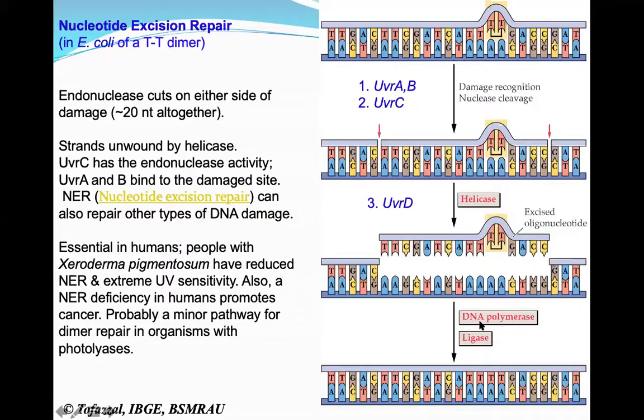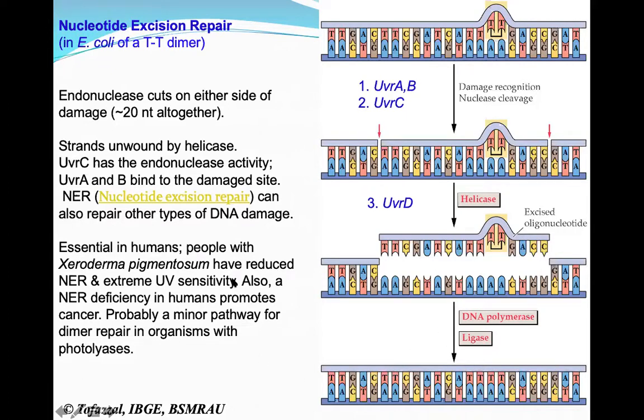Similar to the previous one, DNA polymerase recruits and polymerizes complementary nucleotides, for example T for A and C for G, and then ligase pastes it, and it is repaired fully.